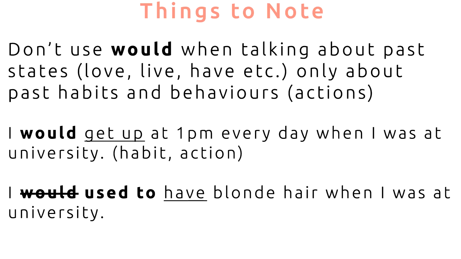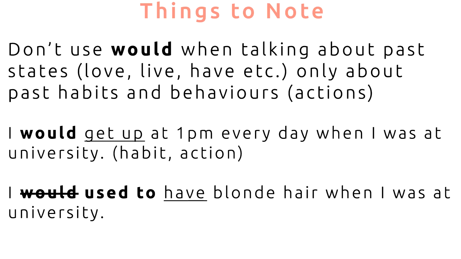So look at this example below. I would get up at 1 p.m. every day when I was at university. Get up is a habit, an action, which means would is perfectly fine to use.